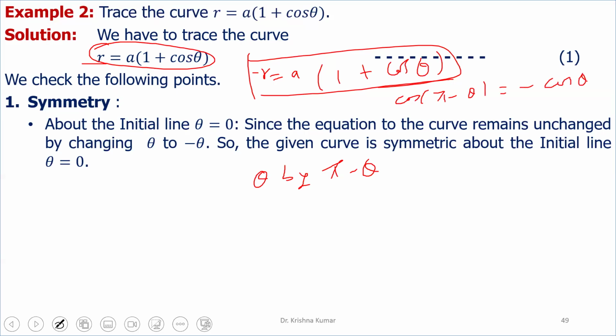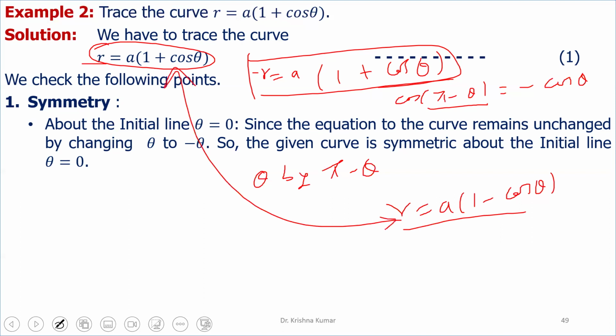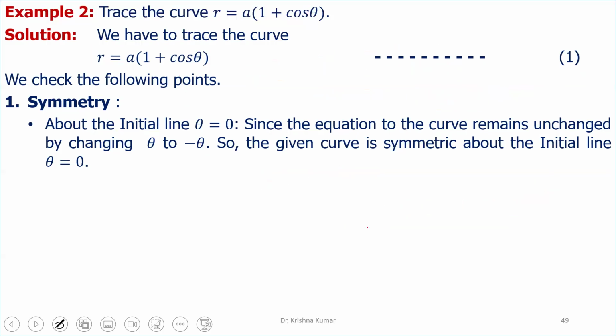So if we replace only theta by pi minus theta, it becomes r equals a times (1 minus cos theta), which is again different from the given equation. Hence, the given curve has no symmetry about the line theta equals pi by 2. So it has only one symmetry, which is about the initial line theta equals 0.